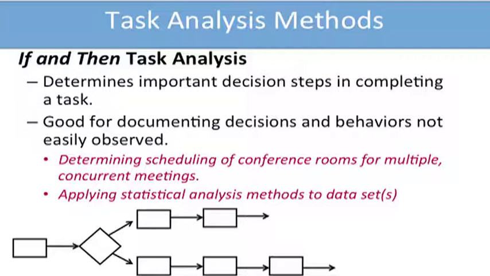So for example, you might use an if-then task analysis if you're studying how people actually schedule conference rooms for multiple or concurrent meetings, or how you apply statistical analysis methods to a data set. There are lots of questions, and depending on how those questions are answered, it may take you down a different process path. Each of those questions we put in as a diamond within our task analysis framework, so we can understand what those decision points are.